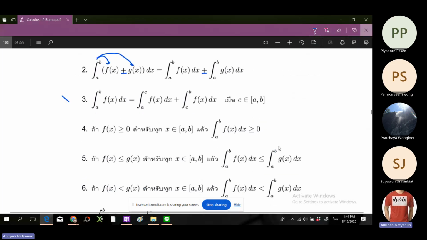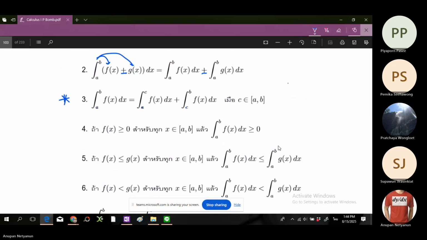Now, this is an important property: when you integrate from A to B, it's equal to integrating from A to C plus integrating from C to B. Let me prove it by picture.